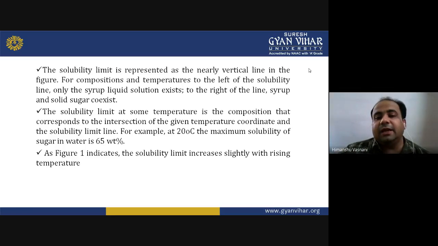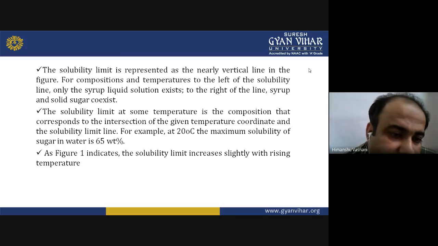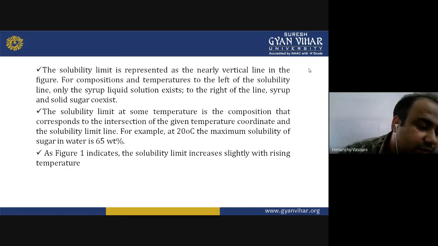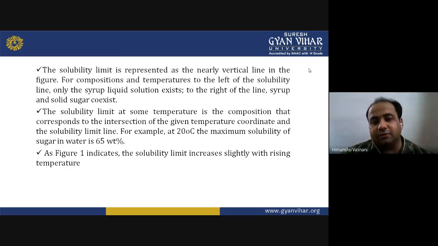For example, at 20 degrees centigrade, the maximum solubility of sugar in water is 65.8%. So, as you can see in the figure, the solubility limit increases slightly with rising temperature.